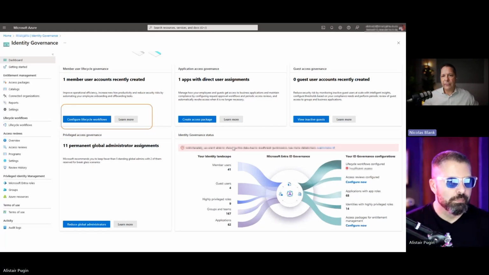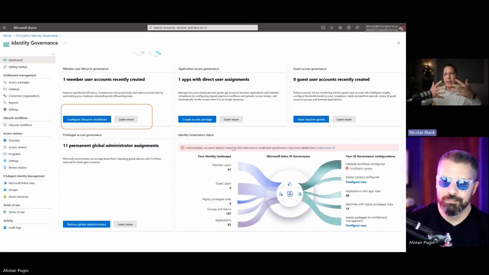We can see that we've got applications with direct user assignments. And what does that mean? That means that users can get direct access to those applications. However, is that necessarily the right way to do that? Or should users have inferred access? So it's really, really difficult, and it gets a little bit of a mishmash.